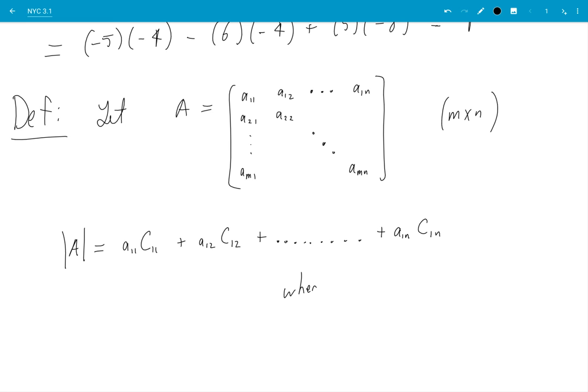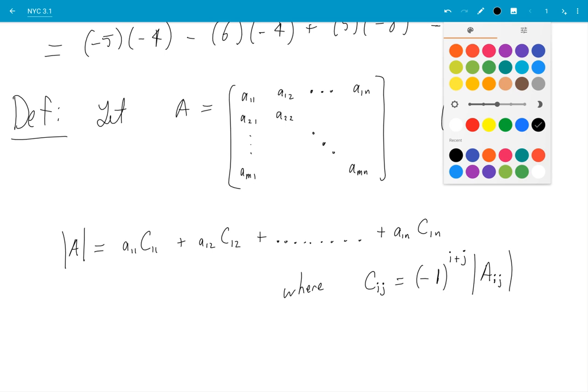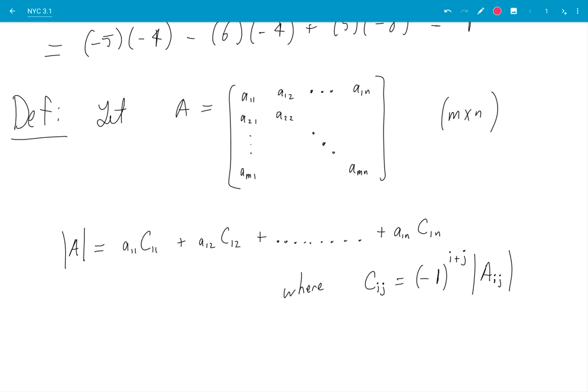So we're going to define the C. Cij is, well, to get the plus minus thing, we're going to use this (-1) to the i plus j. And then we're going to multiply by an appropriate determinant. Again, what we had before in the two examples I did and the exercise is you had this plus minus, plus minus, plus minus.